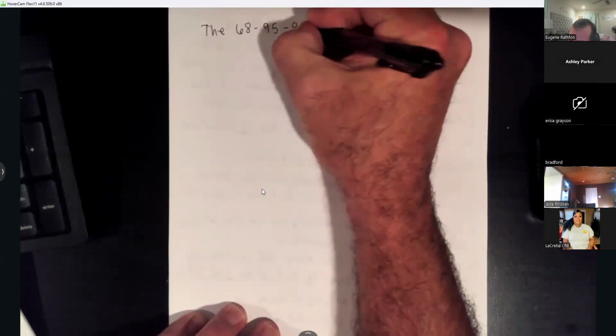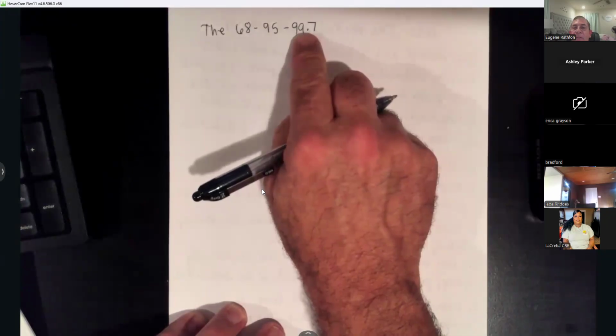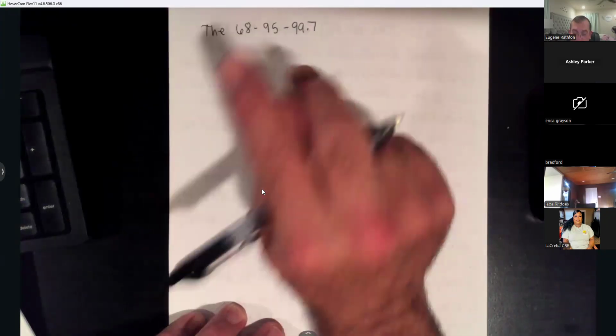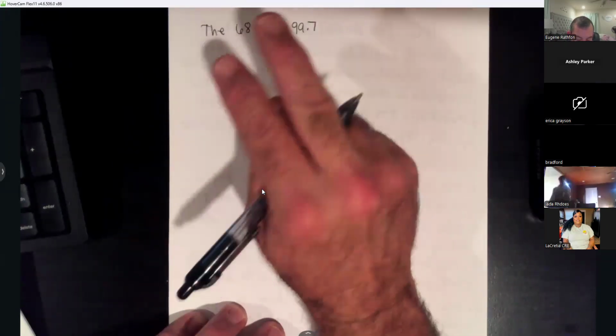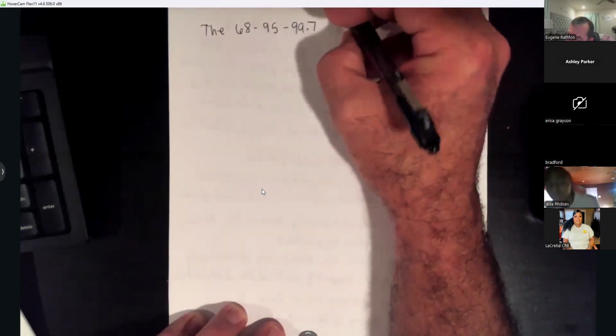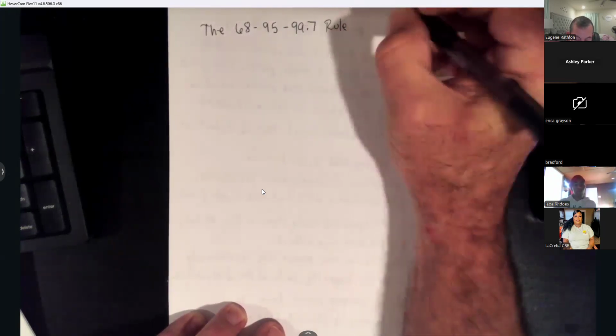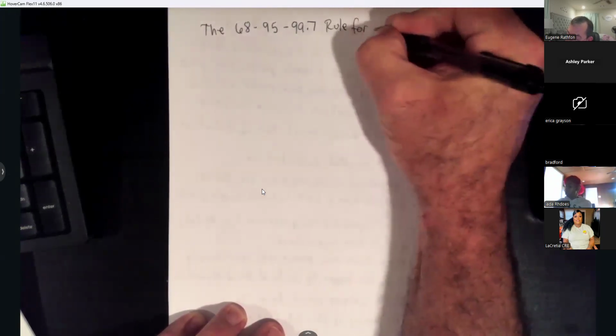And then 99.7, because that is the percent that would be within 3 standard deviations. So this is the 68, 95, 99.7 rule for a normal distribution.